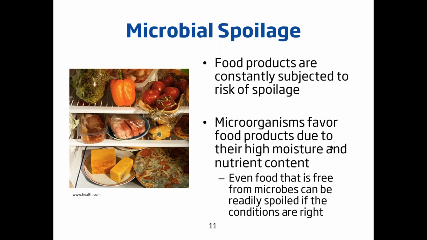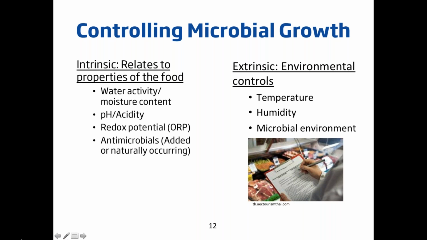Looks like that pizza's been in there for quite some time. So microorganisms favor food products due to their high moisture content and nutrient content. Even food that is free from microbes can readily spoil if the conditions are right. When we are controlling microbial growth, we're referring to two different types of factors, intrinsic and extrinsic.